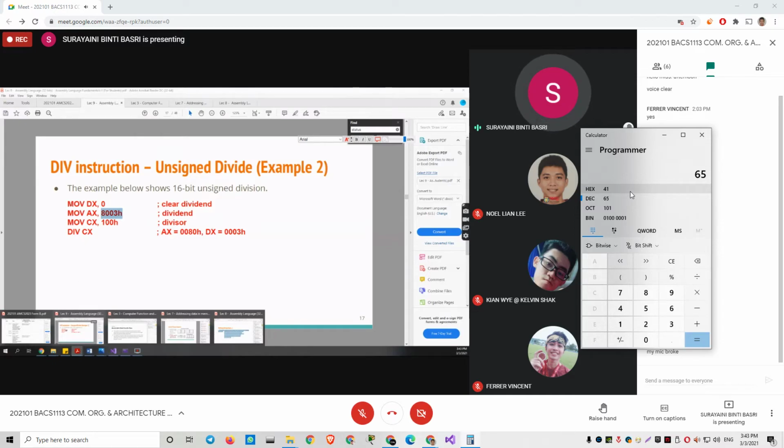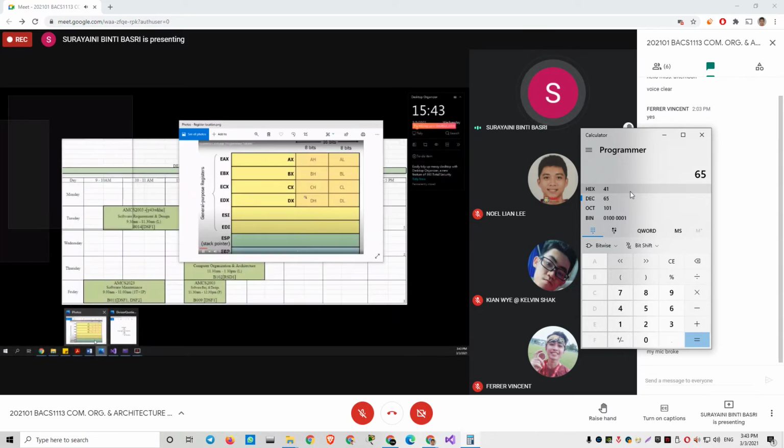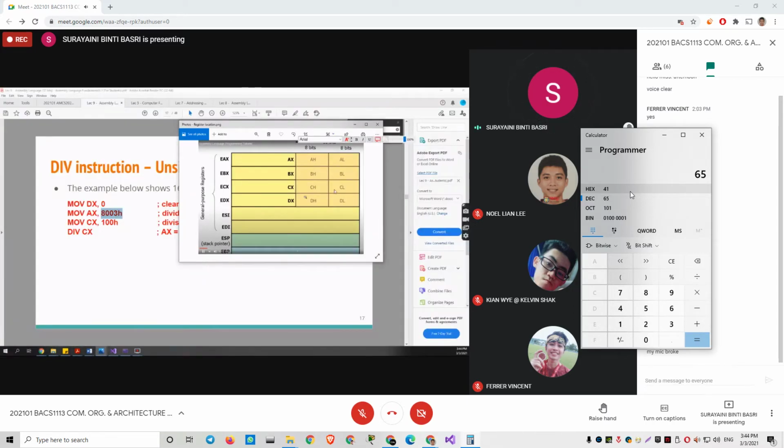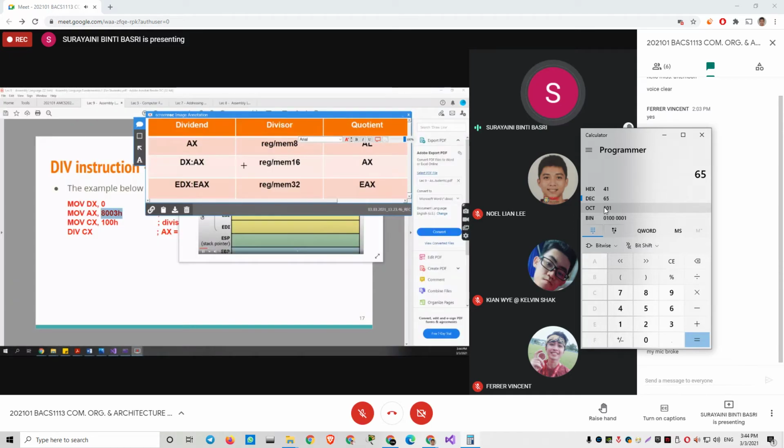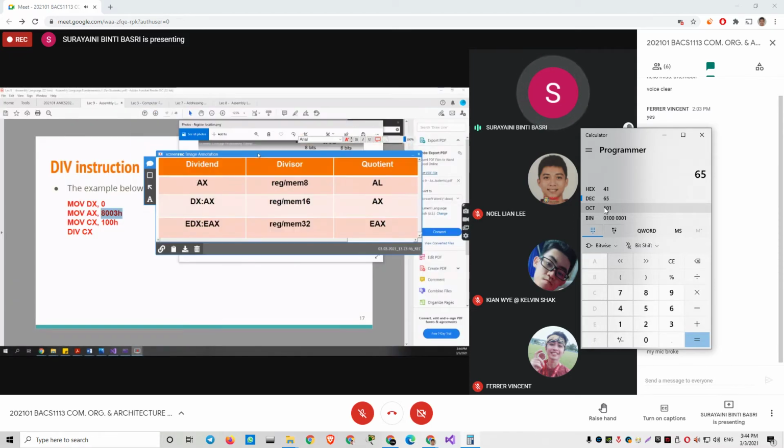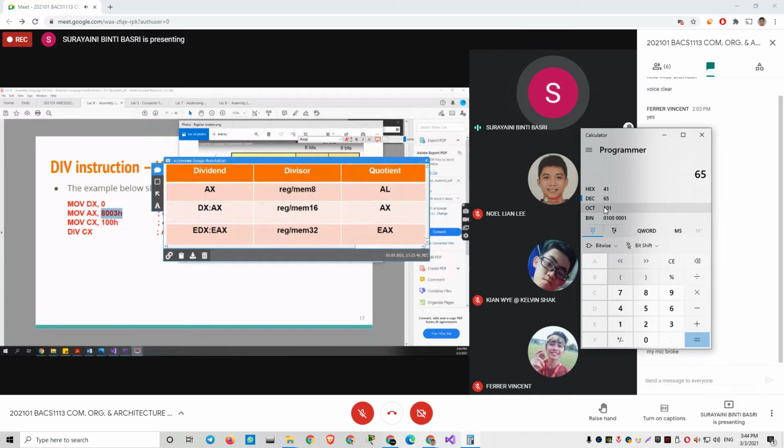When you look at this instruction, you also need to always refer to this formula, because if not, you will not know why suddenly the DX is here, why we need the DX here.